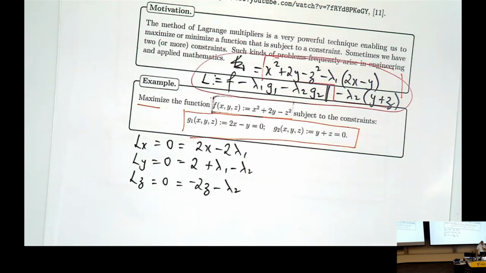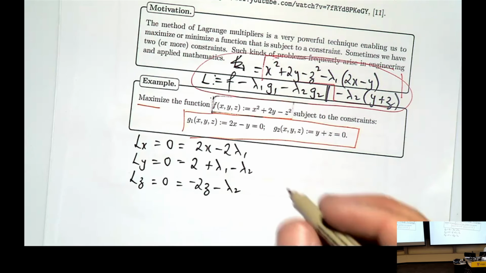Now we want to try to simplify that. We've got two constraint equations, remember. There's probably a wide range of ways that you can solve this, but here's one way of doing it.